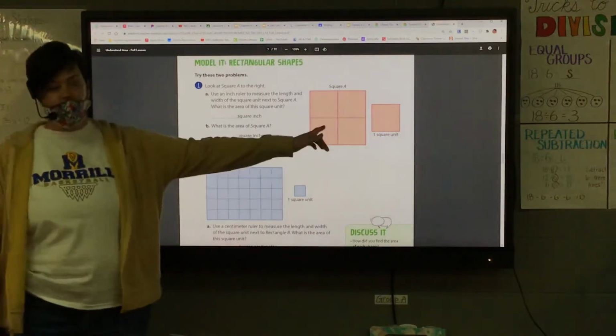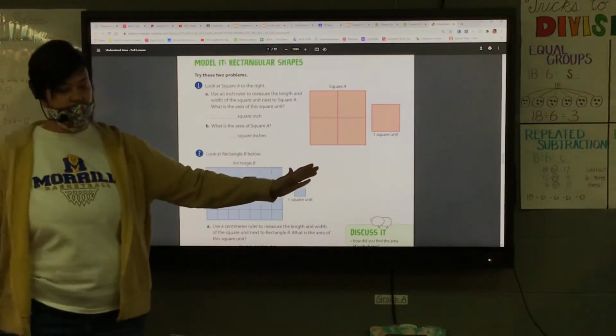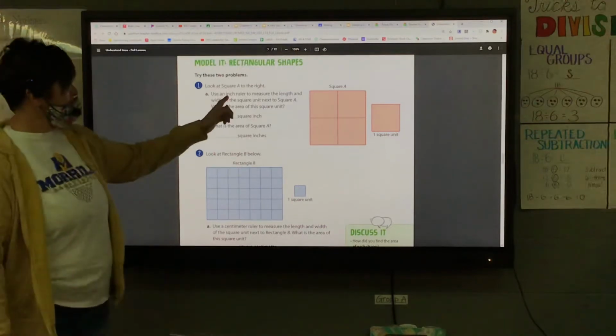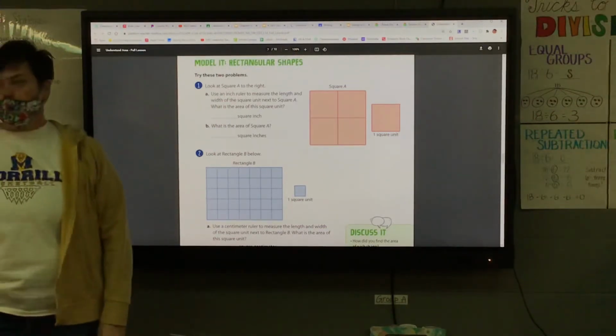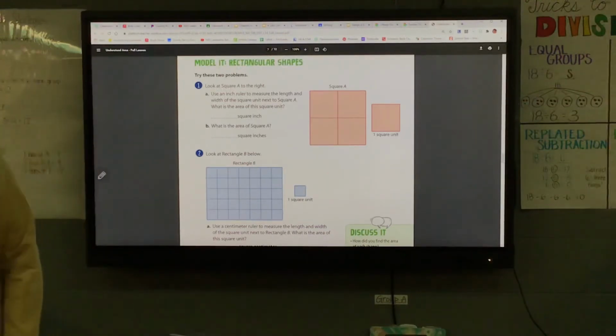So now, looking at the next page, it says look at square A to the right. Oh, you guys don't have rulers, do you? We need to put that on the list for when we shop for school supplies.